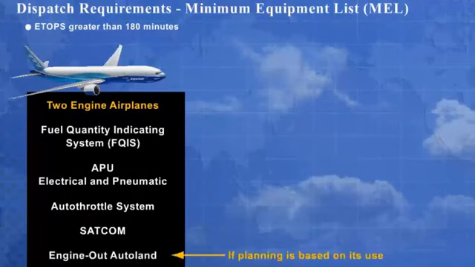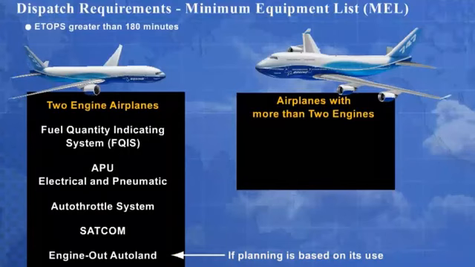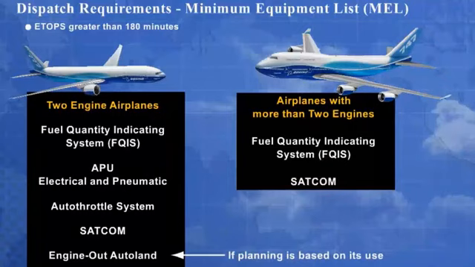One engine inoperative auto-land capability is also required if flight planning is based on its use. For airplanes with more than two engines, the Fuel Quantity Indicating System and a second long-range communication system are required for ETOPS.